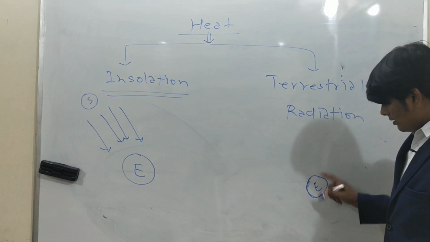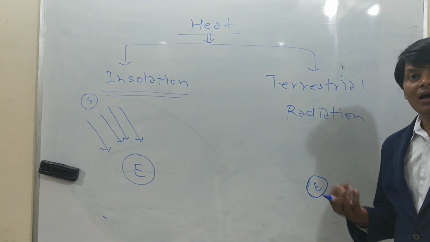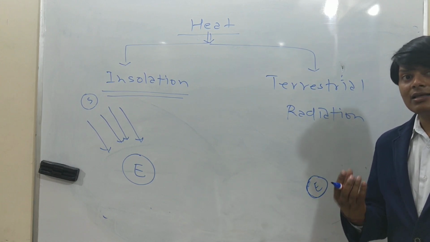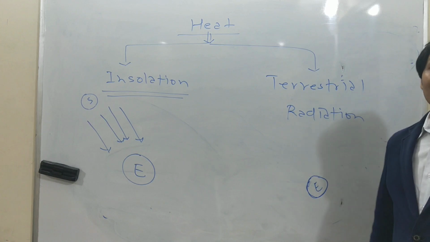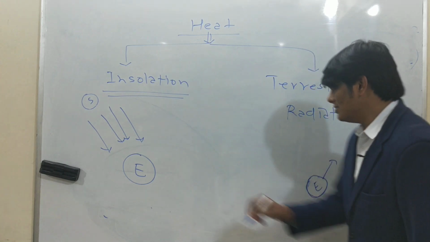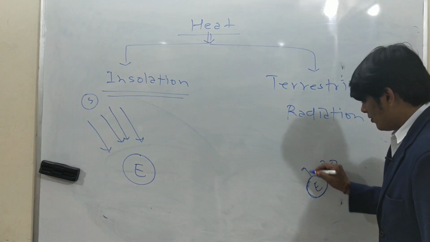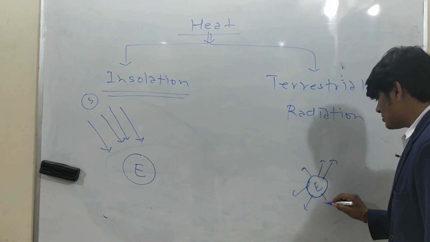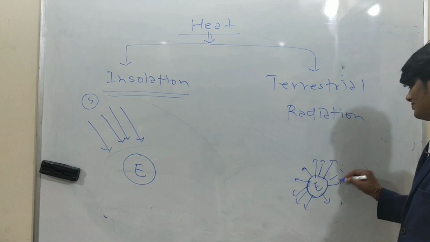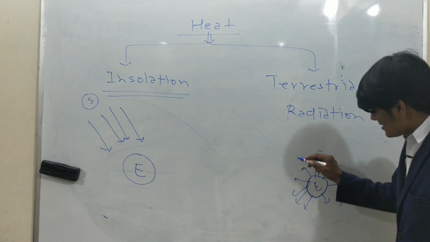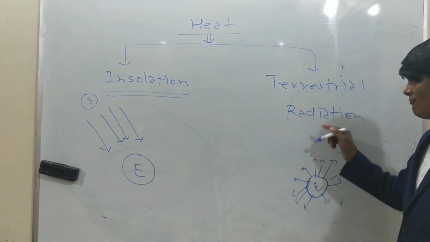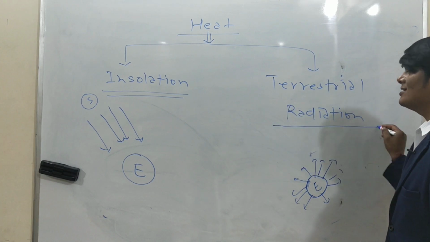After absorbing the insolation, earth also emits the heat in the form of radiation. That heat which is emitted by earth in the form of radiation is called terrestrial radiation.